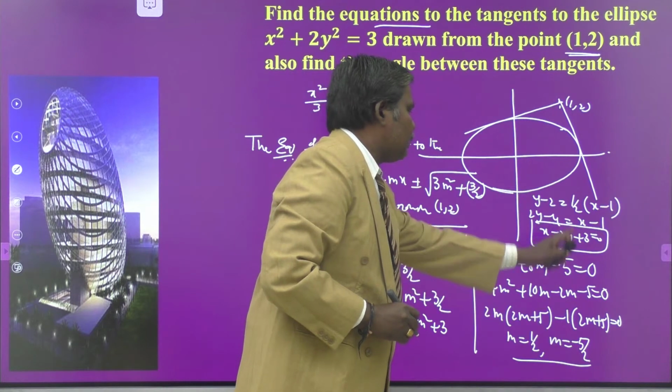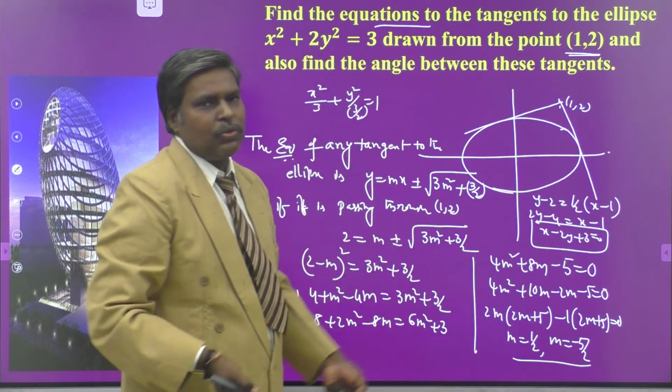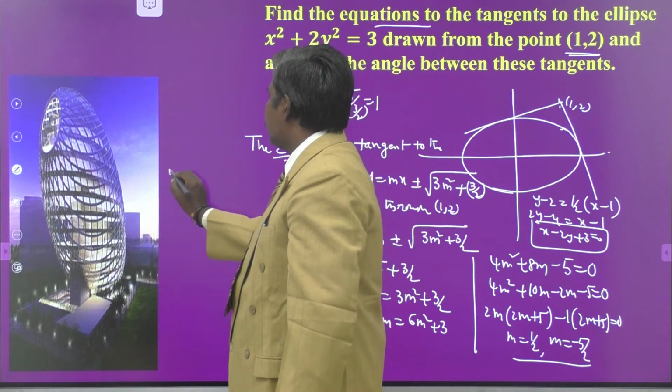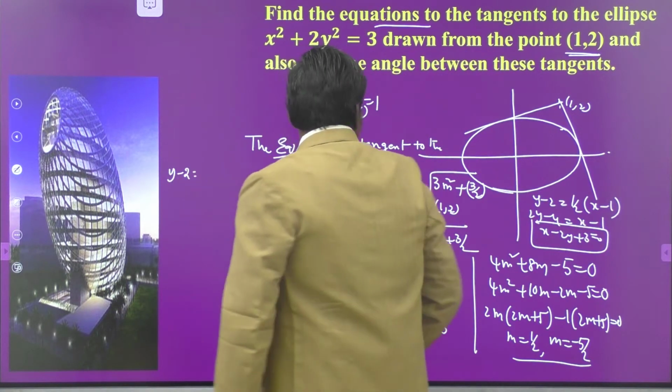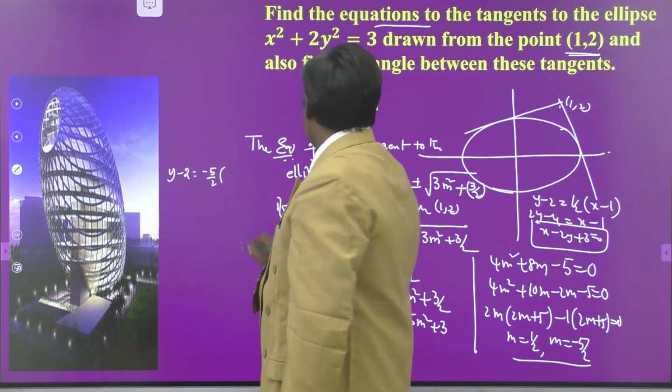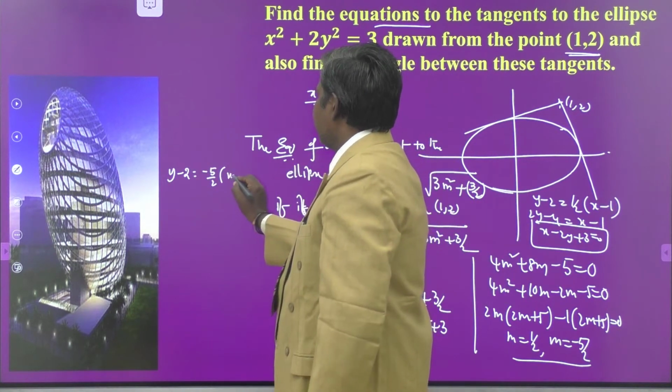In the same manner, replace that 1/2 by −5/2. We get another equation: y − 2 = −5/2 (x − 1).